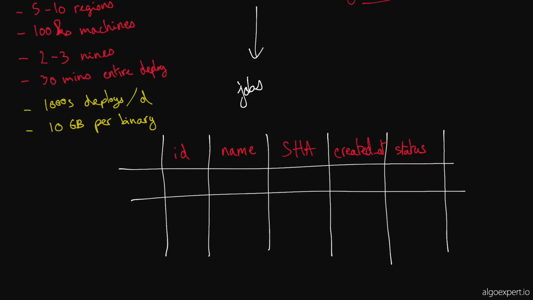If a job is queued, not running, not succeeded, not failed, but queued, and has the oldest created at timestamp, meaning it is the first queued job of all of the stored queued jobs to have been added to the table, then that's the next one that we want one of our workers to dequeue and start building.